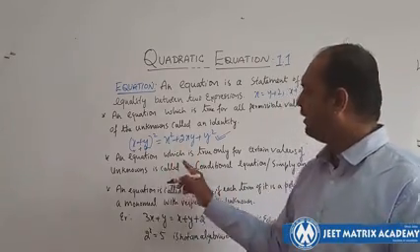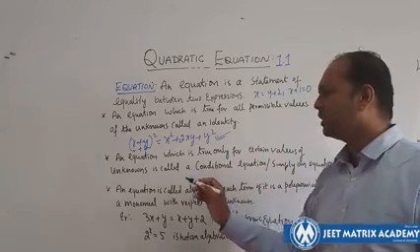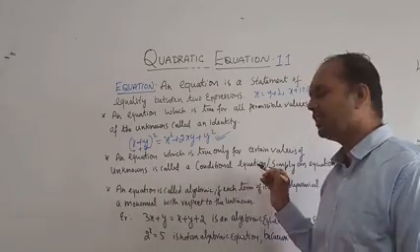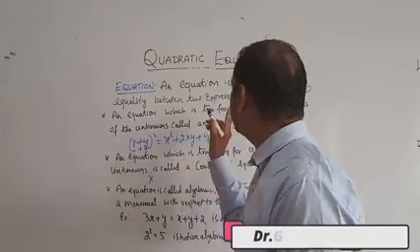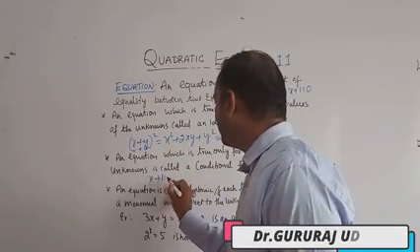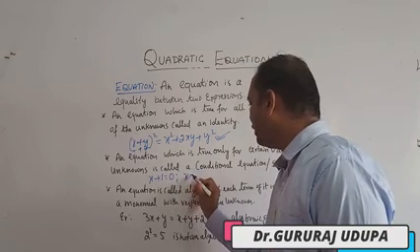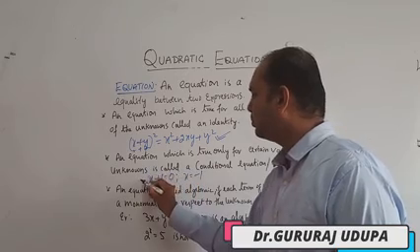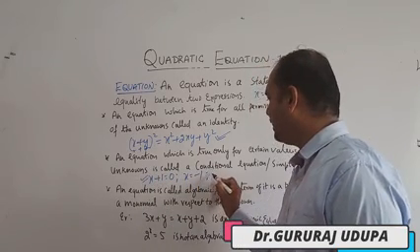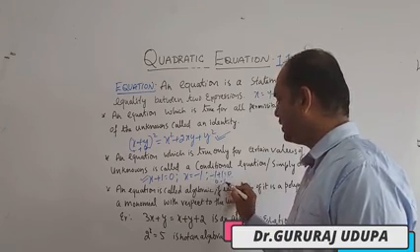But an equation which is true only for certain values of the unknown is called a conditional equation. For example, x plus 1 equal to 0. Here, only when you put x equal to minus 1 is this true: minus 1 plus 1 equal to 0, this side is 0, that side is 0.